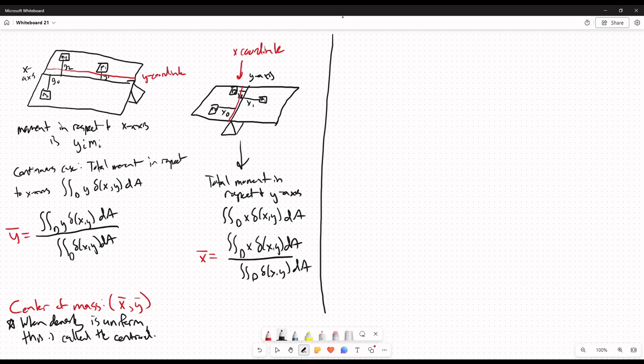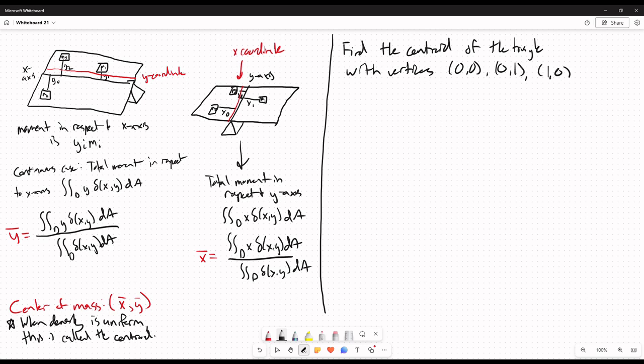So let's do an example. We'll find the centroid. Let's do something that should be horribly unsurprising just so we can do some quick math. Of the triangle, maybe not as unsurprising as I was hoping, as the triangle with vertices (0, 0), (0, 1), and (1, 0).